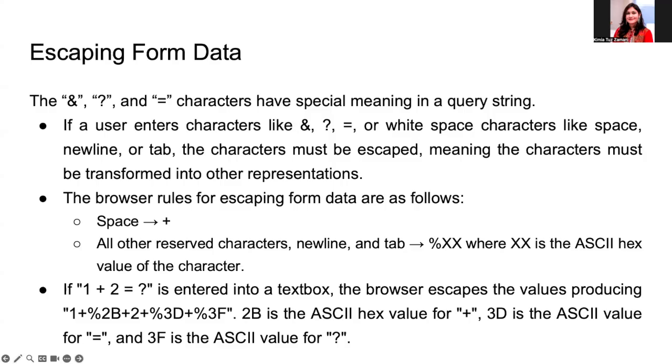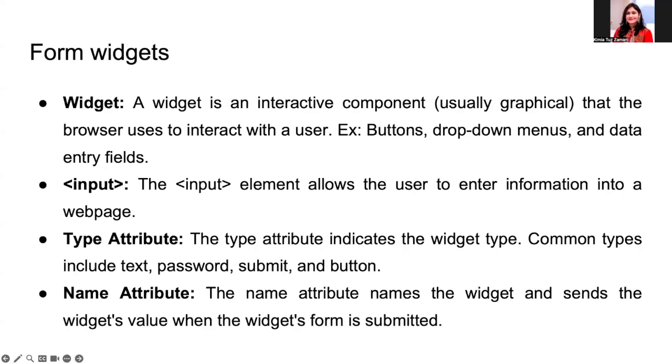Here, %2B is the hex code for the plus sign, %3D is the hex code for the equal sign, and %3F is the code for the question mark. So escaping ensures that the form data is transmitted correctly without breaking the structure of the query string.